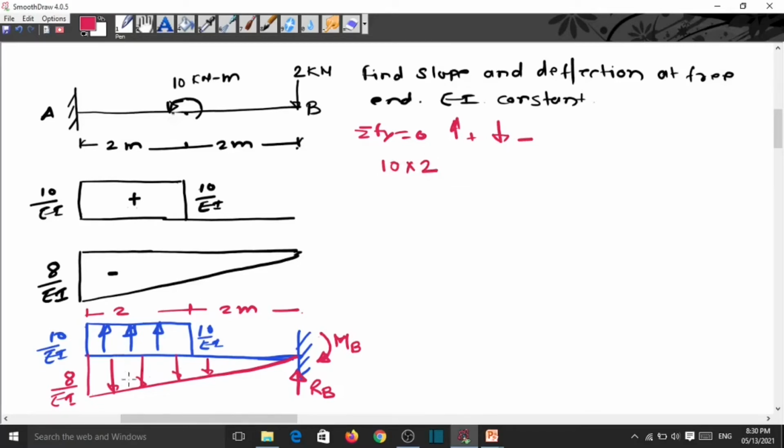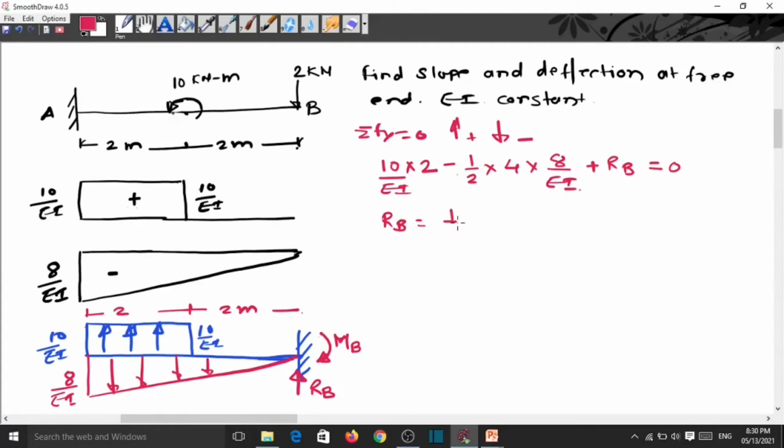Then this load is downward, that is minus 1/2 base 4 into height 8, divided by EI. And we are assuming RB is upward, that is plus RB equal to 0. So RB is equal to this, the minus goes to the right side and becomes plus.